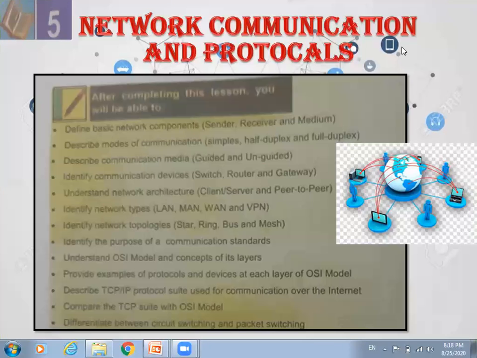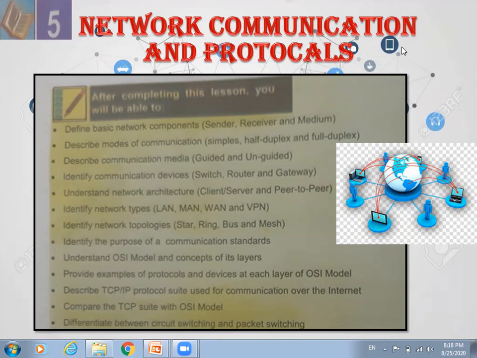Next, describe communication media: guided and unguided media. Then identify communication devices: switch, router, and gateway. Understand network architecture: client server and peer-to-peer. The next is identify network types: LAN, MAN, WAN, and VPN.